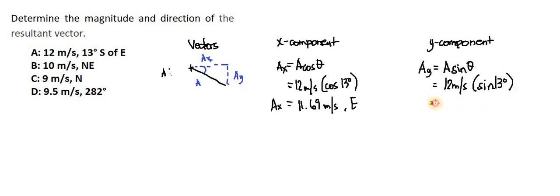Type in natin sa calculator, 12 sine of 13, and that is 2.70 meter per second going south.